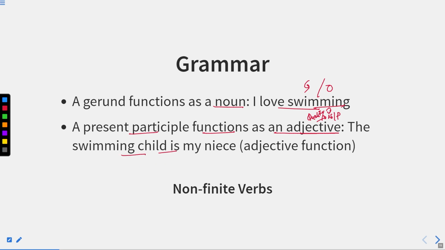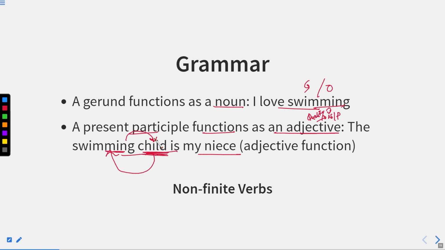The swimming child is my niece. So this child is described by the word swimming. We can also say the swimming champion. So what kind of champion is she? Swimming. So the swimming is a present participle over there. Here swimming is describing the word child. Swimming is used for the word child, or it is stating to us the position or the action of this child, that this child is swimming.